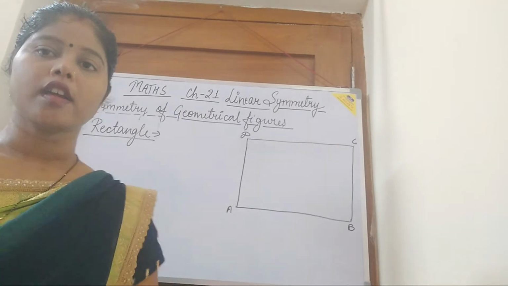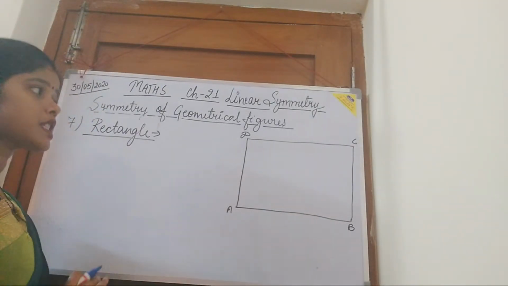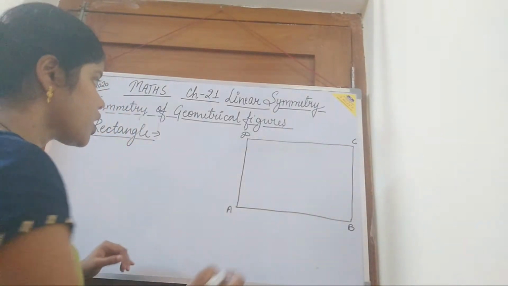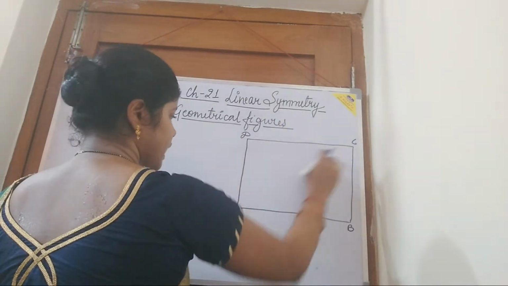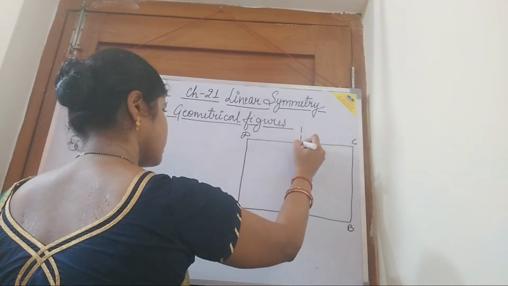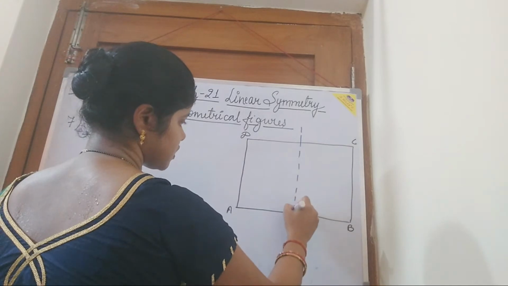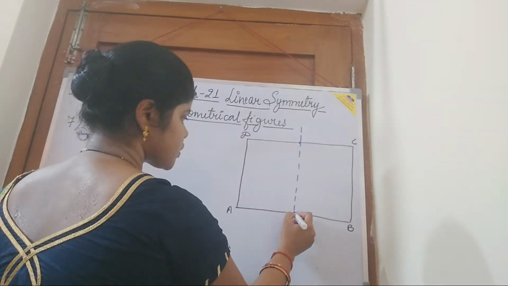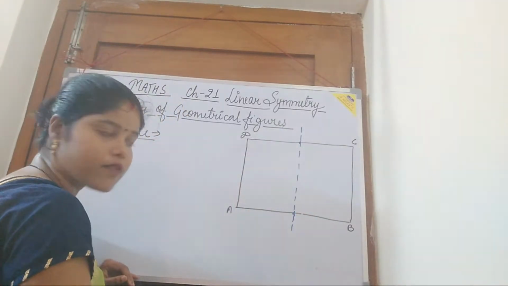In this one, we have 2 lines of symmetry, which pass through the midpoints of opposite sides of a rectangle. So when we draw the first line of symmetry, parallel to AB and CD, through its midpoint we are going to draw the line of symmetry. This is your vertical line of symmetry.